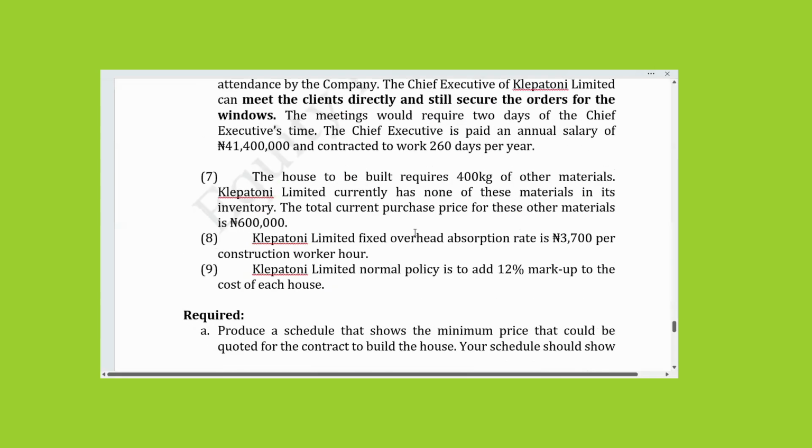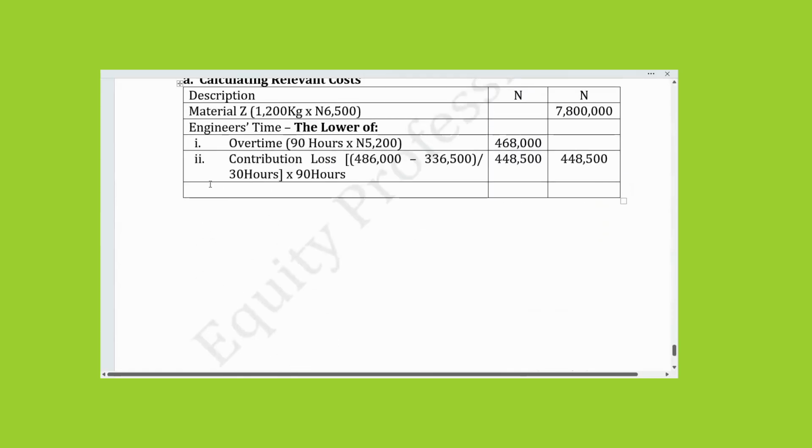That's all you need to do. Specialist machine. Again, it says the lower of, because anywhere you have an alternative, you need to indicate that the lower of.